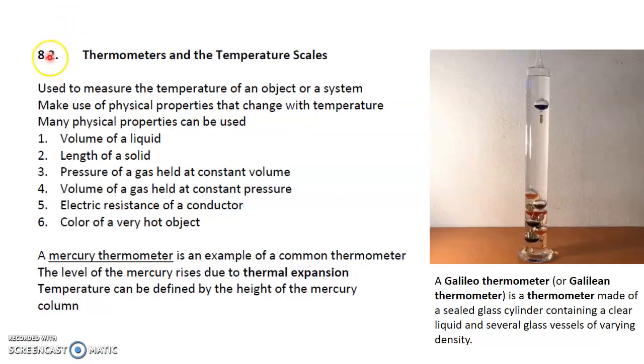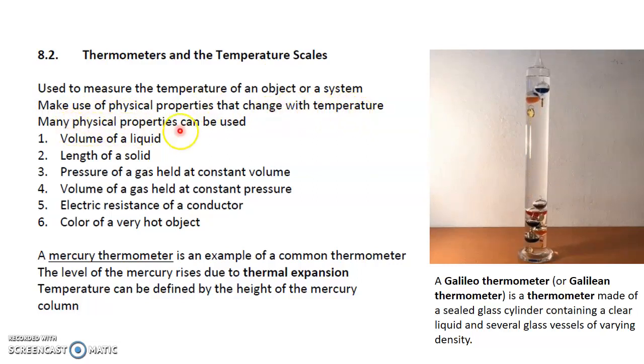Let's learn 8.2 thermometers and the temperature scales. A thermometer is used to measure the temperature of an object or a system. Thermometers make use of physical properties that change with temperature.